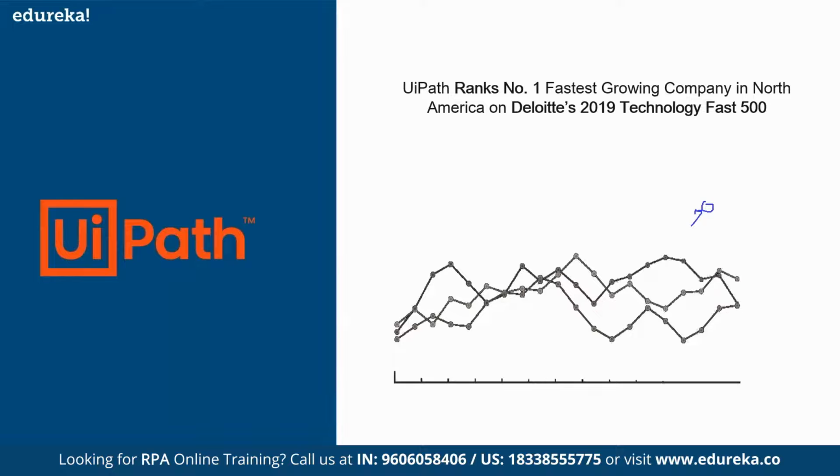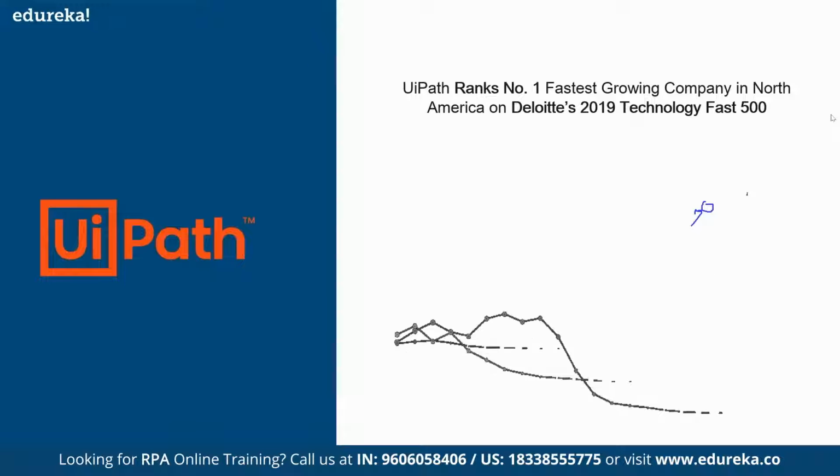All right, so this is your UiPath. There are a lot of rankings and recognition that we have received for UiPath. Deloitte's 2019 Technology Fast 500 research said that UiPath ranks number one in the fastest growing company in North America.